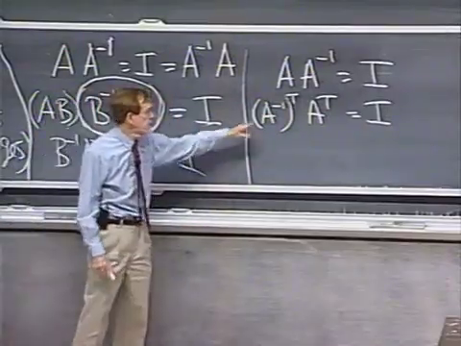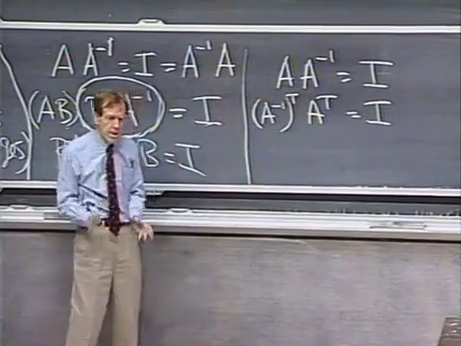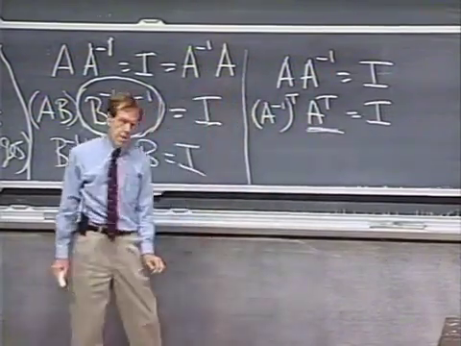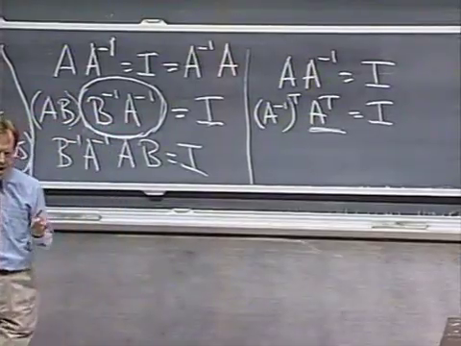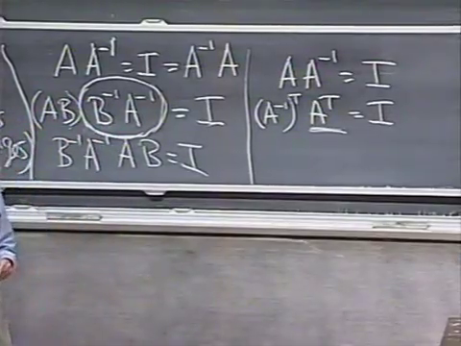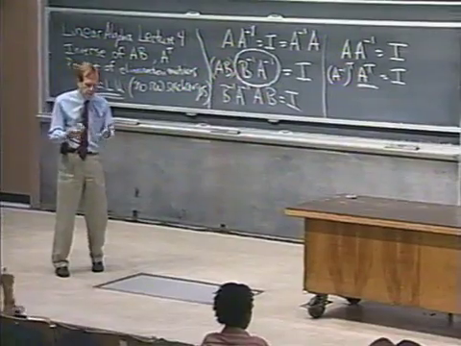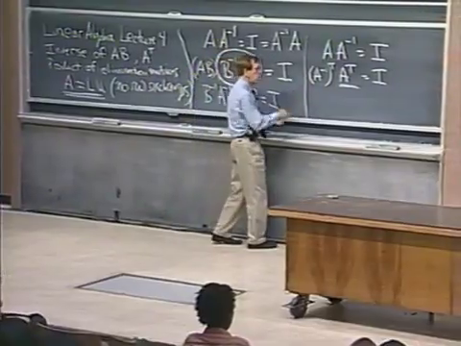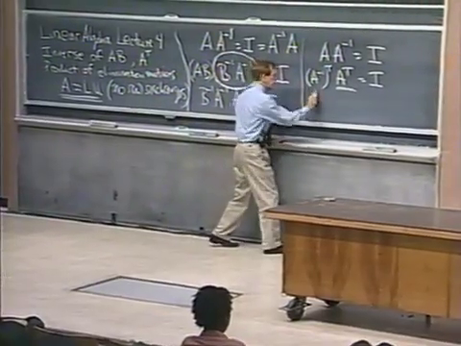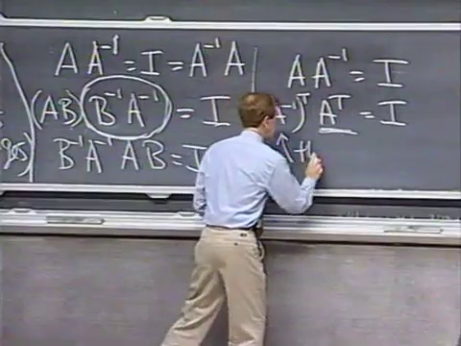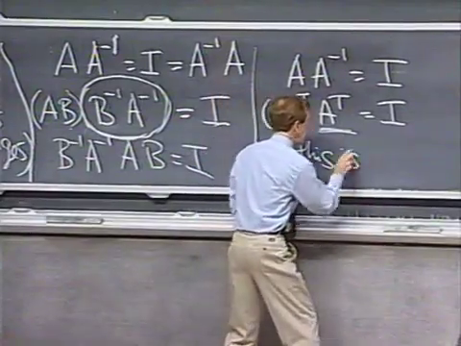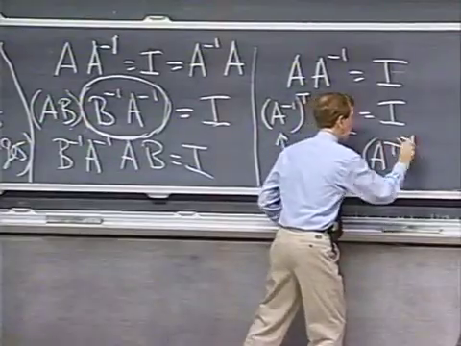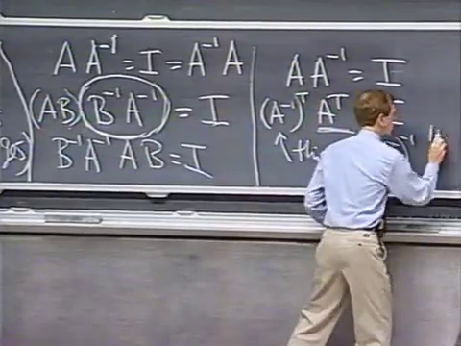But this equation tells me what I wanted to know. Namely, what is the inverse of A transpose? If I transpose a matrix, what's the inverse of the result? And this equation tells me that here it is. This is the inverse of A transpose.